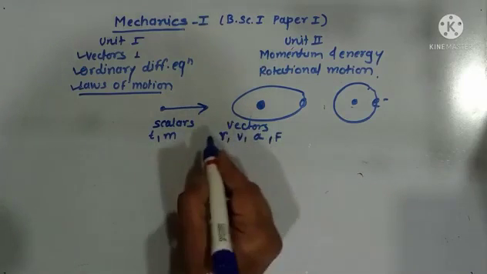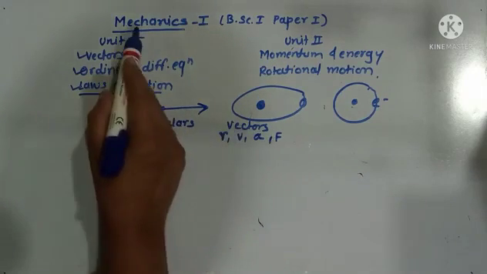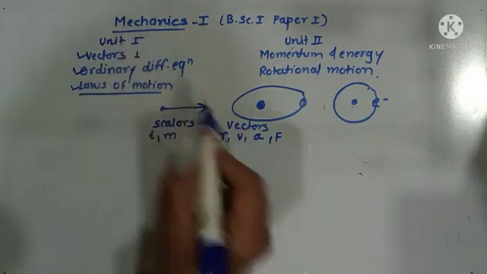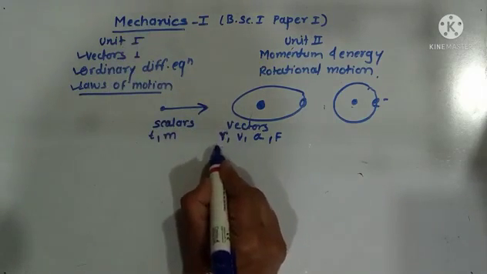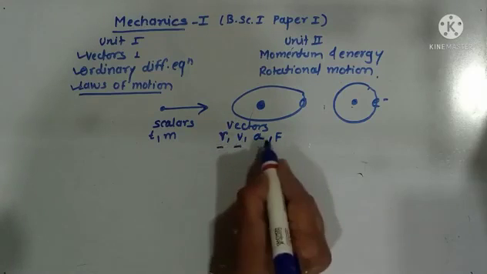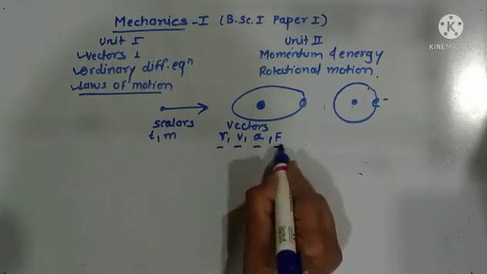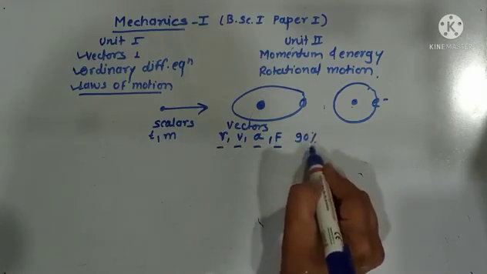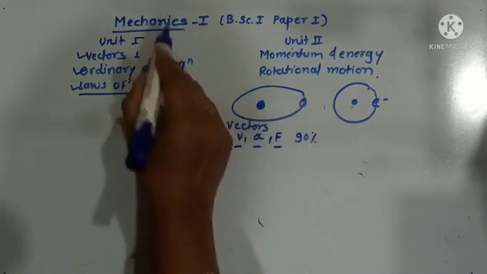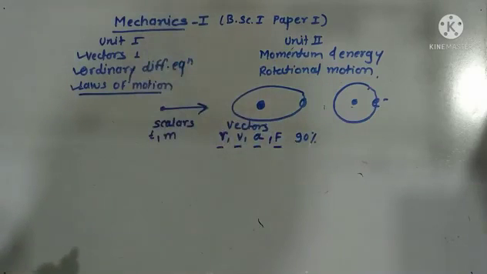As we are dealing with mechanics, which deals with displacement, velocity, acceleration and force, 90% of the physical entities involved in the mechanics are vector quantities. That's why the first unit is the vectors.